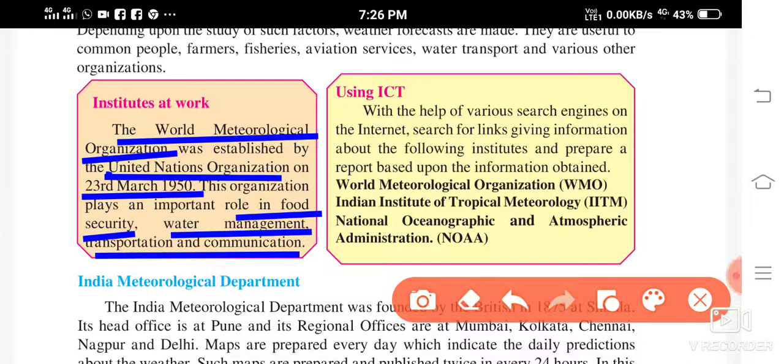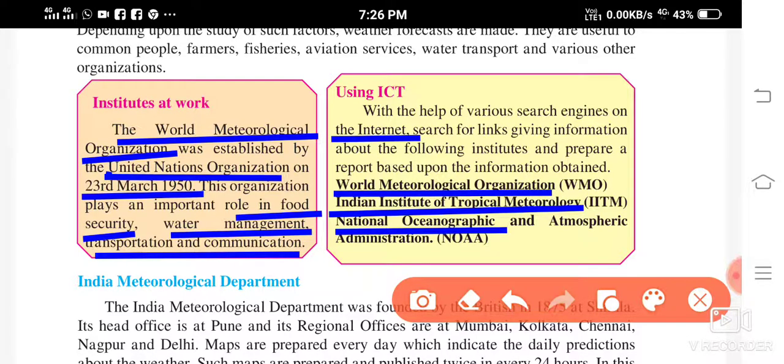With the help of the internet, you are going to get the information about the following institutes, that is World Meteorological Organization, Indian Institute of Tropical Meteorology, National Oceanography and Atmospheric Administration.